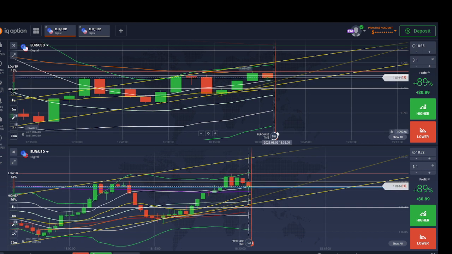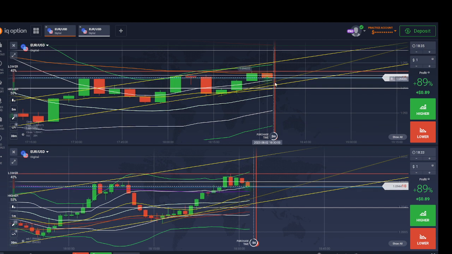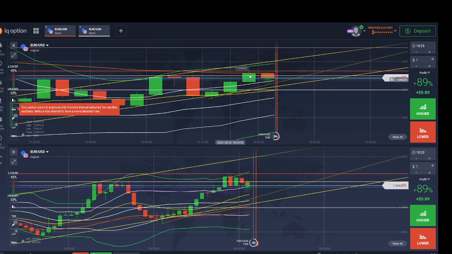Second reason why it will come down, but not so easily because this is weakness. Weakness again, weakness. Yeah, it can come down.